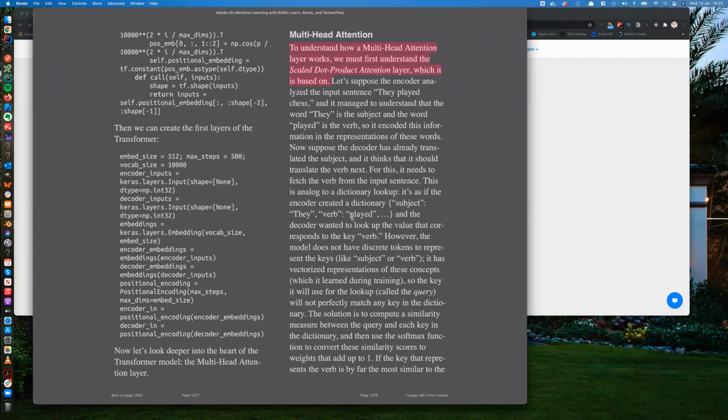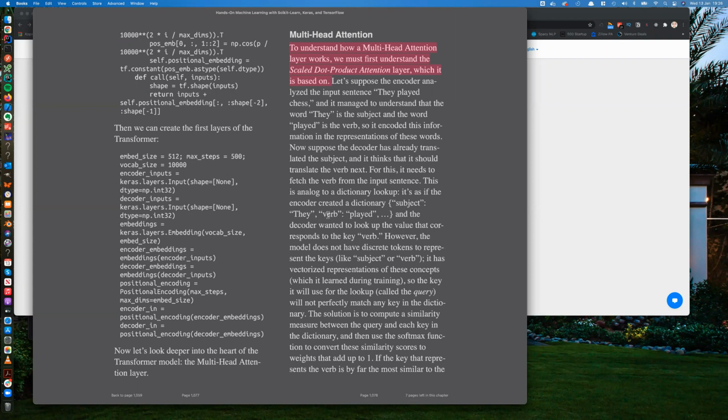Okay, so my understanding of this is a bit like he says. Let's say we've got this dictionary, which has subject is "they," verb is "played," and now we want to find verb. One way we could do that would be to compute the dot product of verb against subject and against verb, and then use a softmax to work out which was the most closely matching.